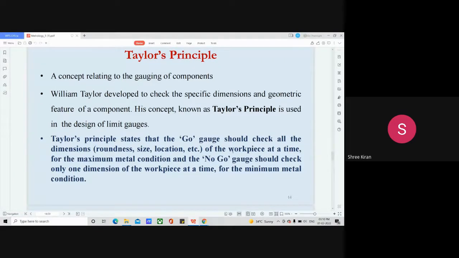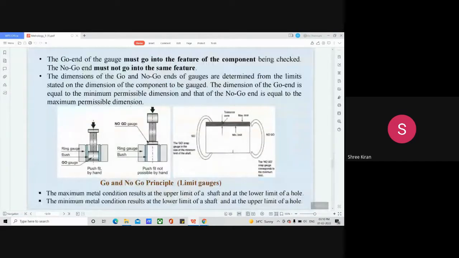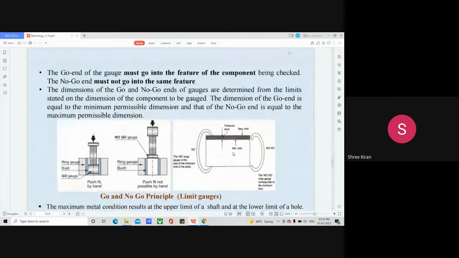Then over here, you can say the go limit and no-go limit also.